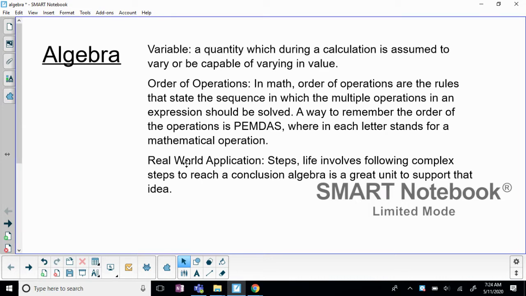And I really think algebra in today's world, where we're dealing with very complex problems, it's really practical because algebra involves steps, complex steps, in order to reach a conclusion. And that's what we're trying to do right now. We're trying to take a very complicated situation and break it down into simplified steps so we can reach a good, balanced, logical conclusion. So I think algebra is a very fitting unit for us right now. So let me show you a little bit what I mean.